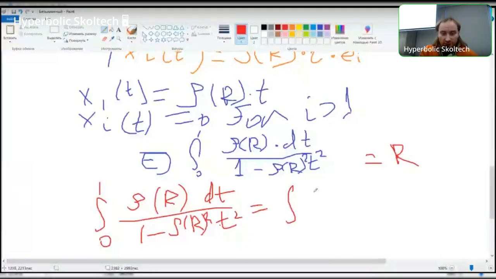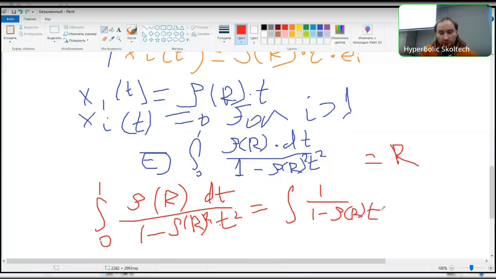So this is some difference between 1 over 1 minus rho of r t.